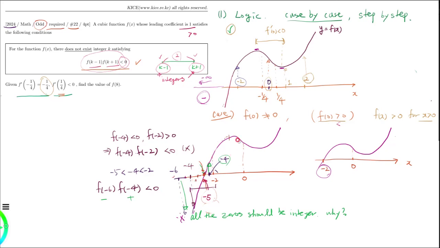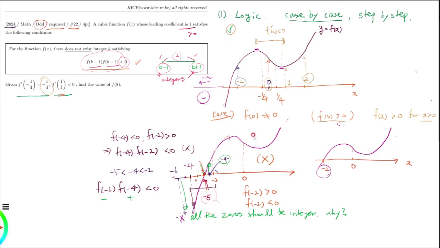Okay, so what's the conclusion here? This case does not make sense, for the case where f of negative 2 is positive, or you can do the same thing for the negative f of negative 2.